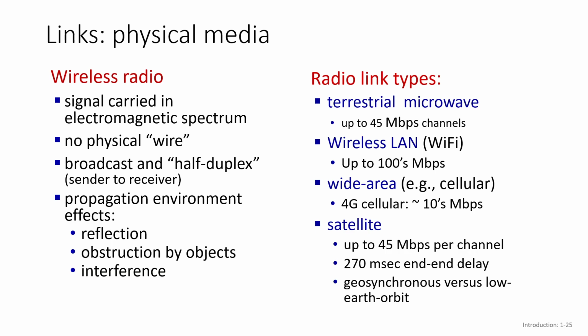Now you have your wireless radio. Your wireless radio is, as we can see here, no physical wire, right? Propagation through the environment. It suffers from reflection, obstruction, all of those types of things. Then we're speaking about your wireless signal.